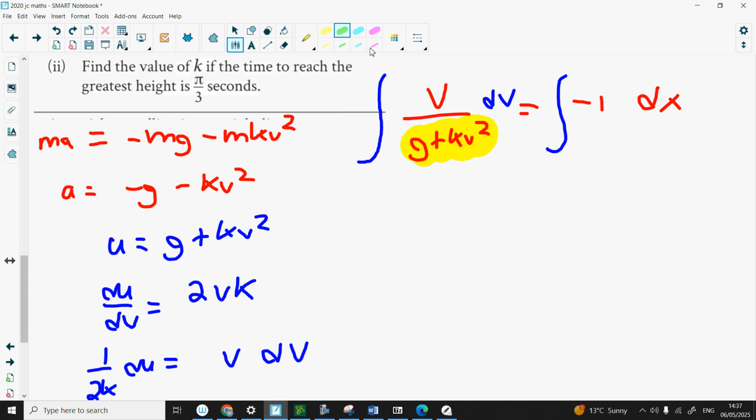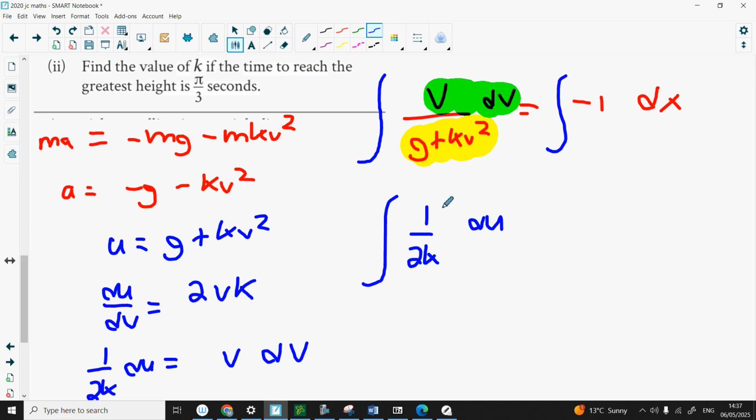Everybody see that v dv, which is in this section here, in green? We're going to sub that out. What are we going to sub it out for? 1 over 2k du. That's a constant. And what about the yellow part? 1 over u. Now let's put in some limits.